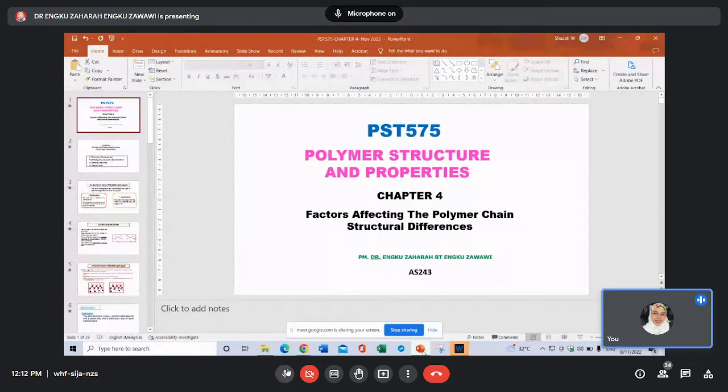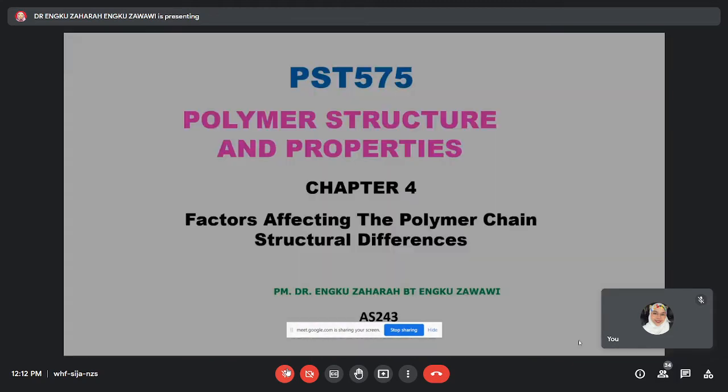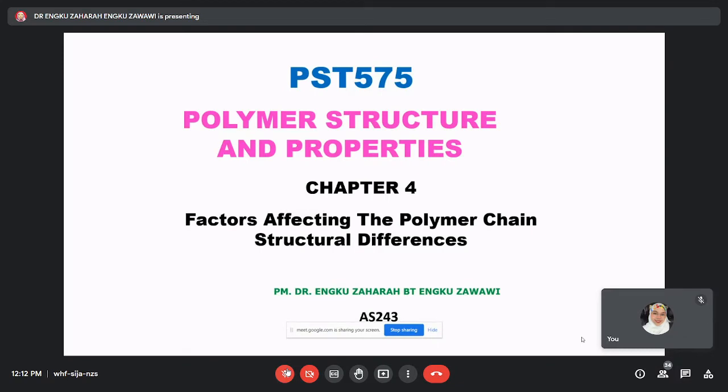Nampak. Okay. Terkejut saya. Okay, so chapter 4, factors affecting the polymer chain structures differences. Alright. So chapter 4 ni kita akan tengok faktor-faktor yang menyebabkan polymer chain structure tu different.